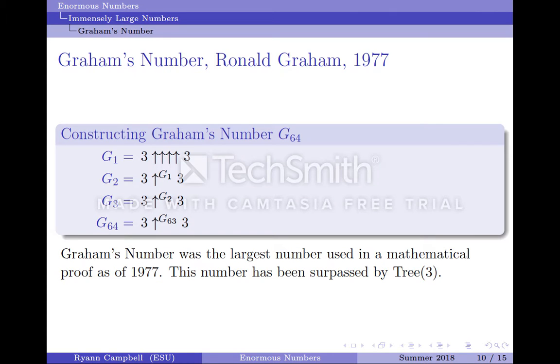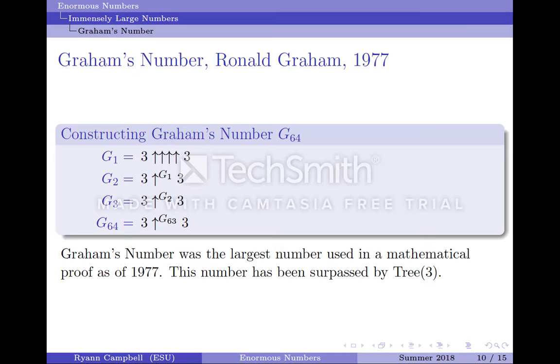We're going to talk now about a very famous number called Graham's number, and it was created in the 70s by Ronald Graham. He ended up writing a paper in 77, and he was given the title of largest number ever used in a serious mathematical proof in the Guinness Book of World Records in 1980.